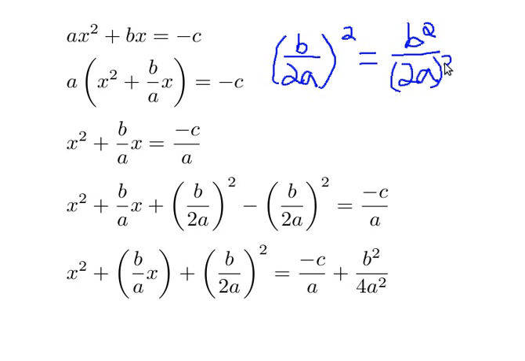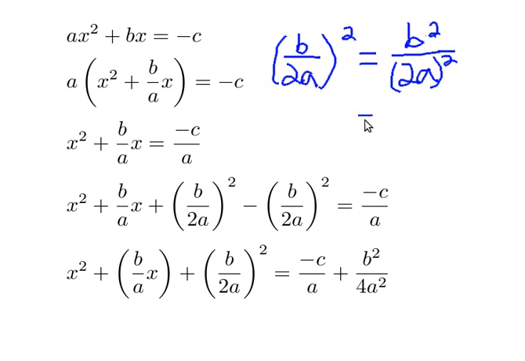I don't remember which rule of exponents that was, but I think they called it the quotient rule, where this 2 distributes both to the b and to the 2a. And then this 2 will distribute to both the 2a and the a.